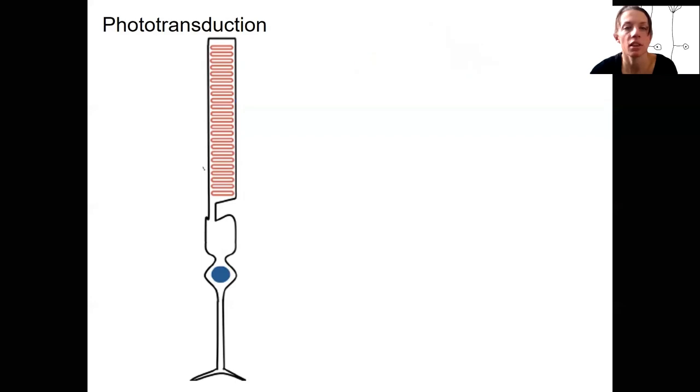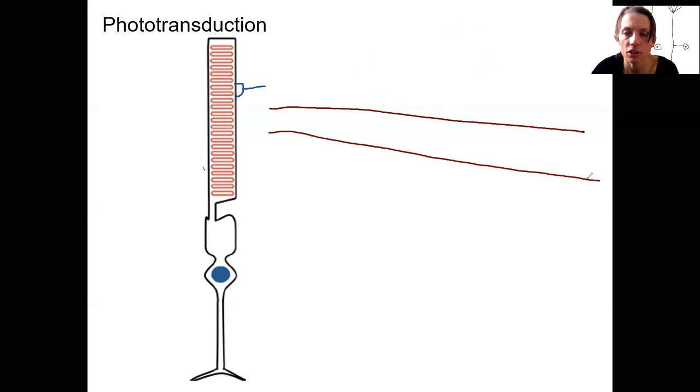Okay, so I'm going to clear that and go back to just one of these discs here and draw for you the cell membrane that is one of these little segments right here. So here's a little chunk of cell membrane, and we're going to have light come in and initiate a change.